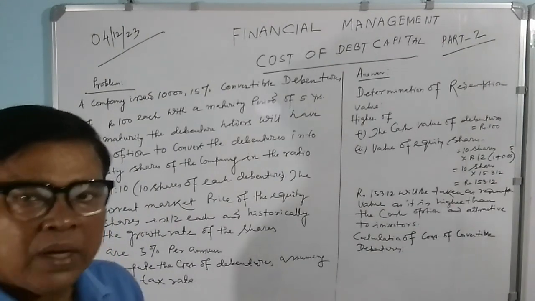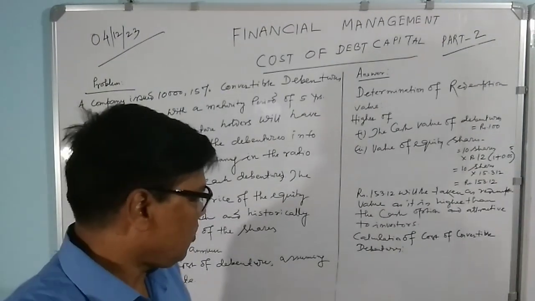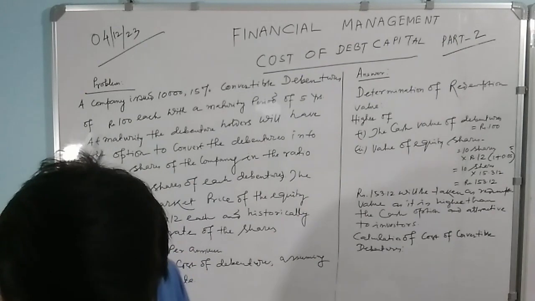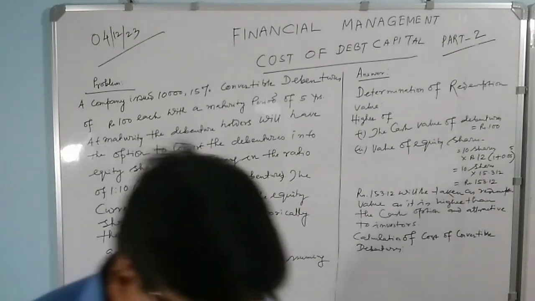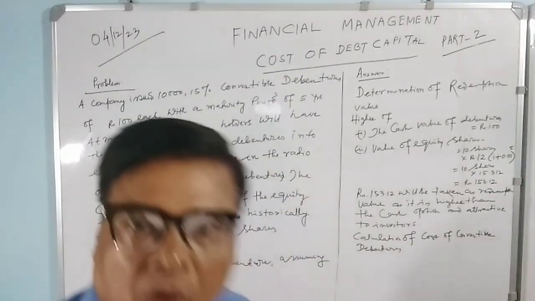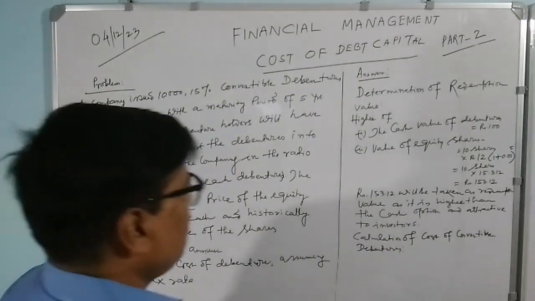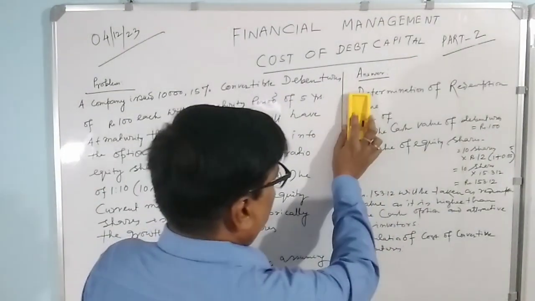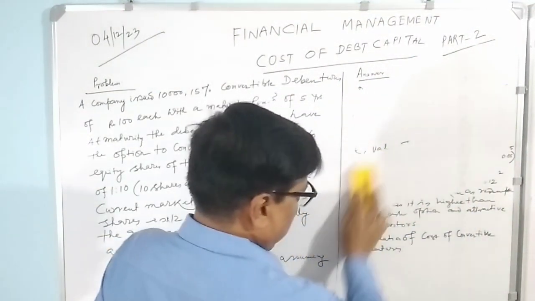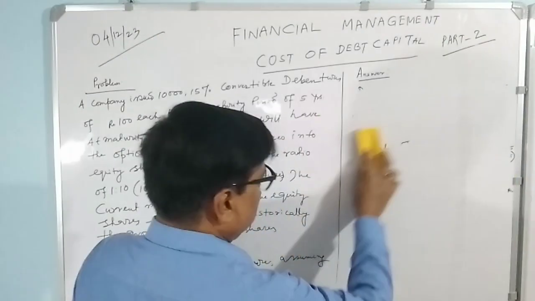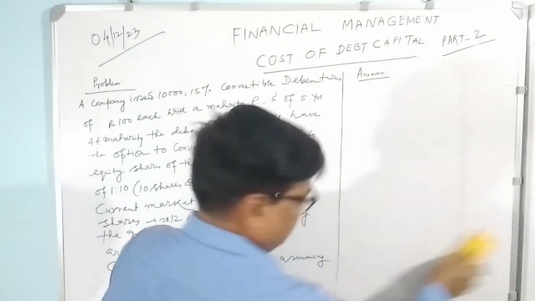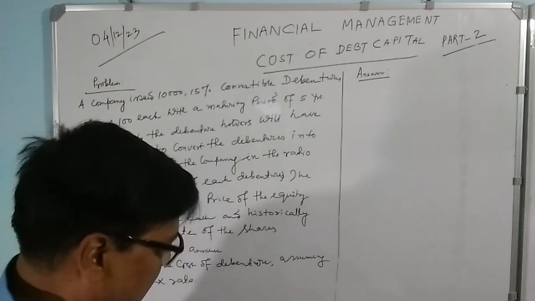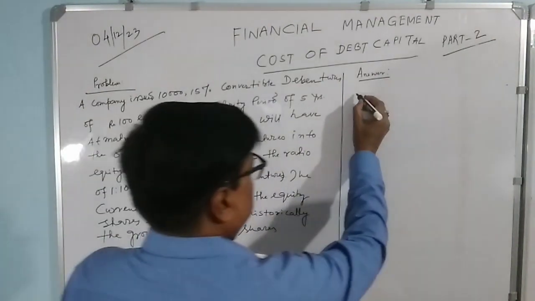Now we have to calculate the cost of convertible debentures. Whenever we calculate the cost of convertible debentures, we will have options before us. Here we will be calculating two different options under your debenture value. That is alternative one.